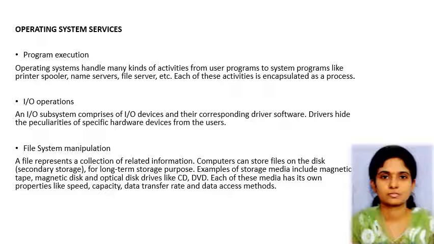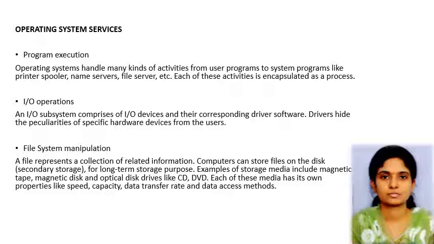Each of these media has its own properties like different speed, capacity, data transfer methodology and data access methodologies. But normally a file system is organized into directories for easy navigation and usage, and these directories may contain files and other directories also.